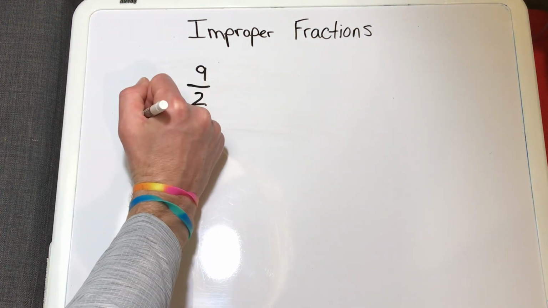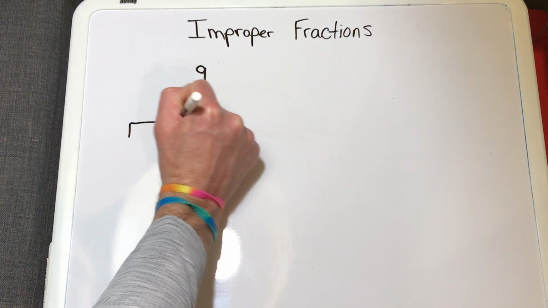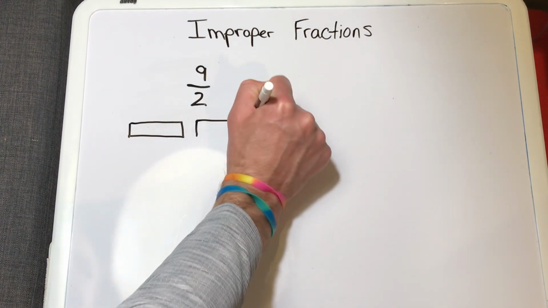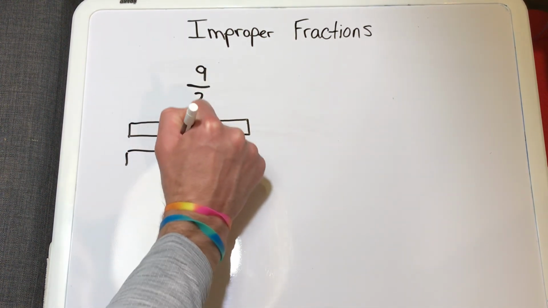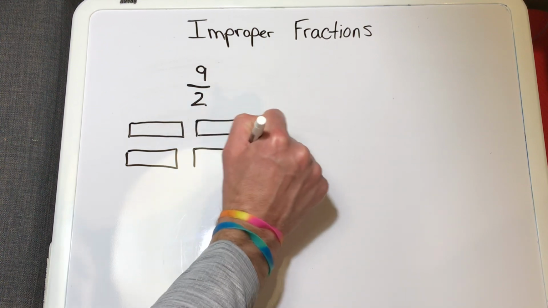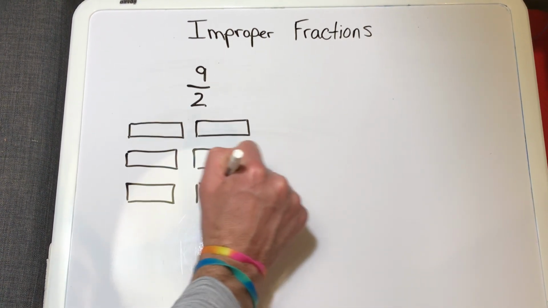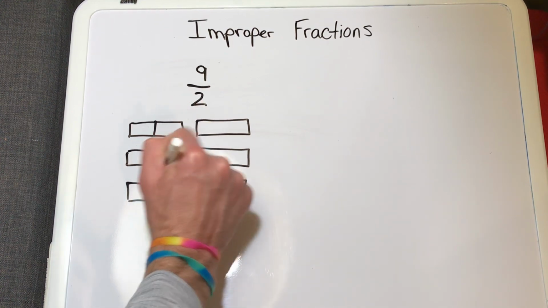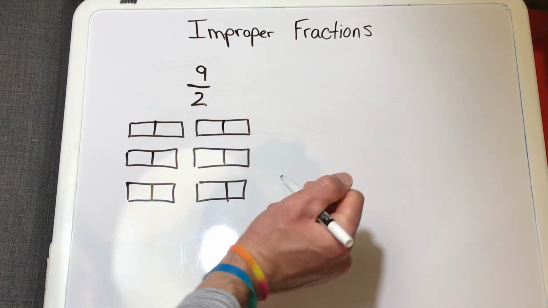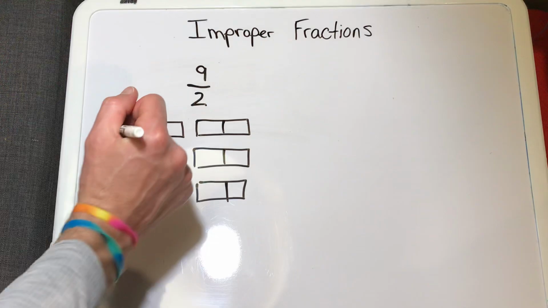So if we want to draw this out, I know I have 9/2. I'm just going to draw a whole bunch of little chocolate bars here. I'm going to split them all in half, and I'm going to color in 9/2.